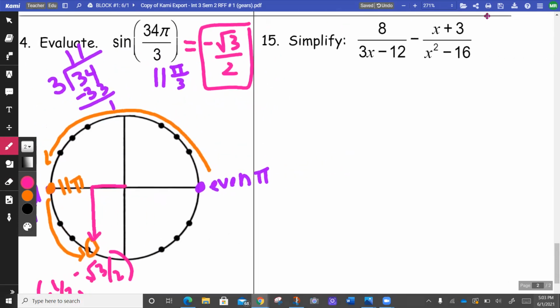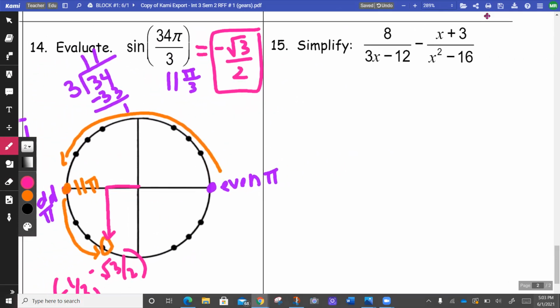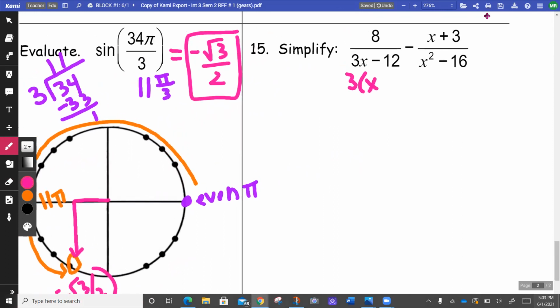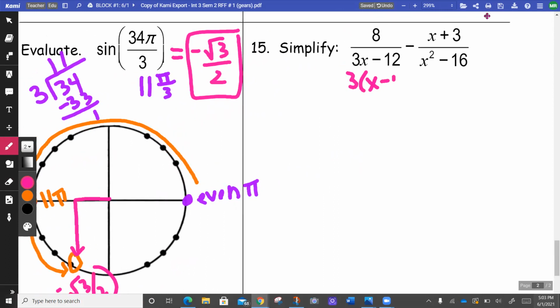On 15. Okay, this is where we have to get common denominators. I'm going to factor a 3 out here. This is a difference of 2 squares. This is an x plus 4, x minus 4. I have to be careful that minus between needs to distribute.